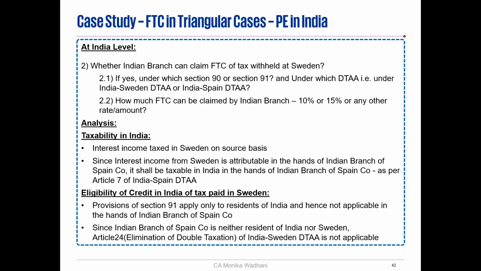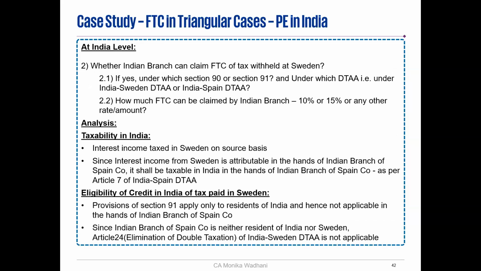Whether the Indian branch can claim foreign tax credit of taxes which are withheld at Sweden at 15%? If yes, under which section, whether under section 90 or section 91? And under which DTAA? Under India-Sweden or India-Spain DTAA? And how much? 10% or 15%?